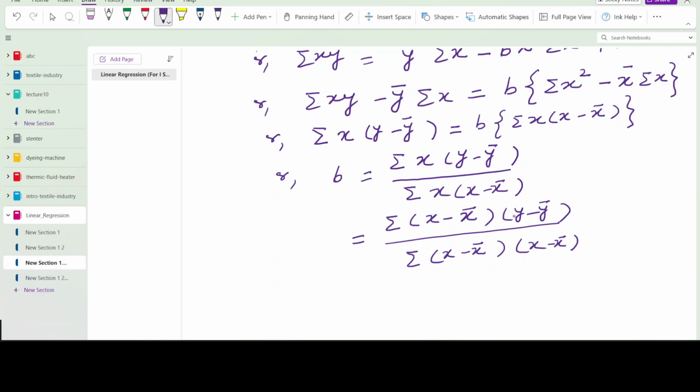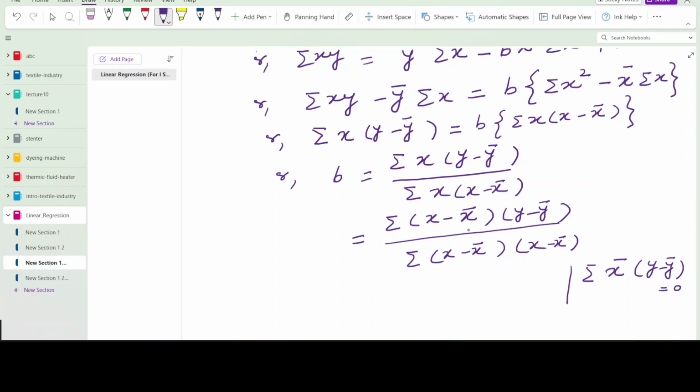When we are writing in this way, we have two terms. First term is sigma x(y minus y bar), and the second term is sigma x bar(y minus y bar). We can show that this value is equal to 0.